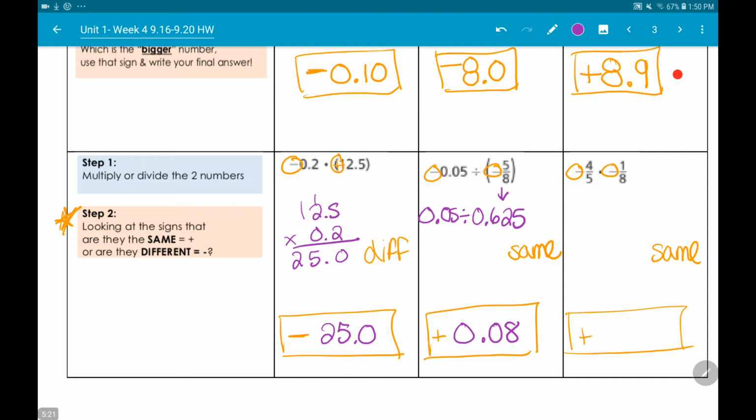Same thing in this last one. Let's change them first. Just to recap that, it's 4 divided by 5. That gets me 0.8 times 1 divided by 8. That makes it a little bit easier for us with the calculator.